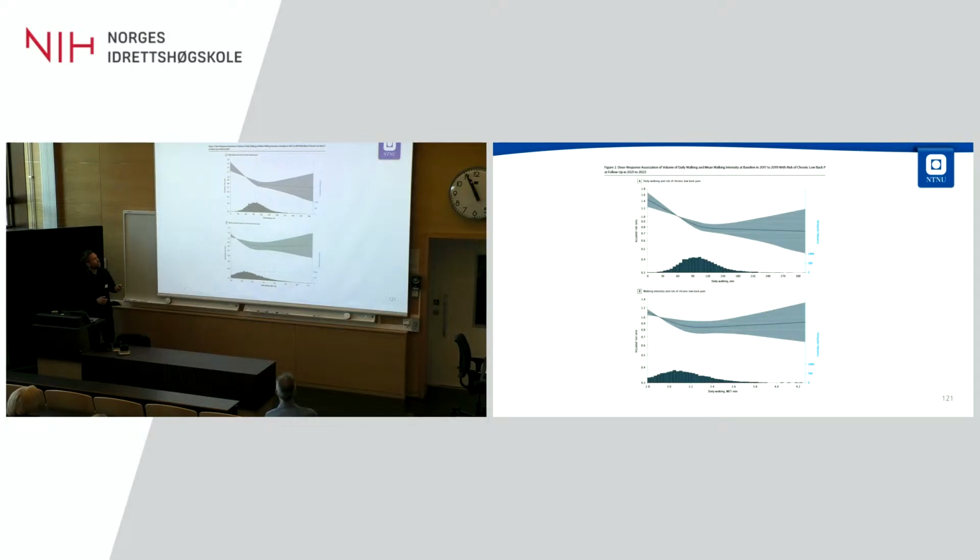There we could see that volume was most important for a lower risk of chronic low back pain, more important than the intensity or the speed of your walking. So walk more, don't walk faster. That's one of the takeaway messages from this.